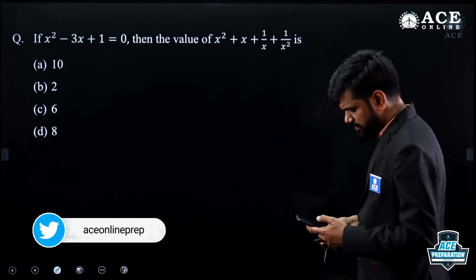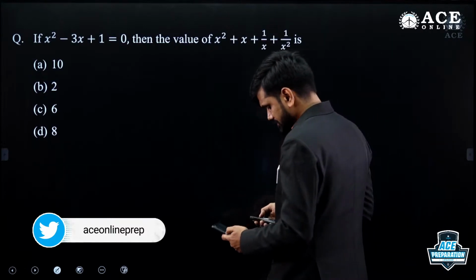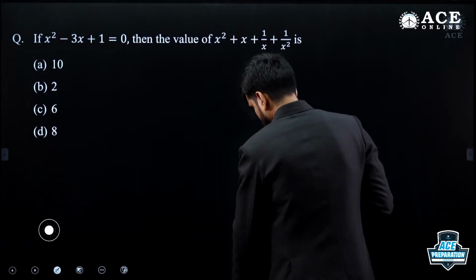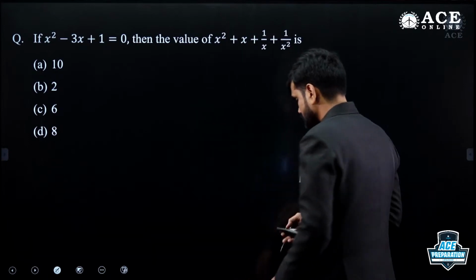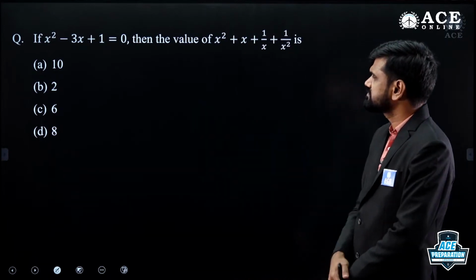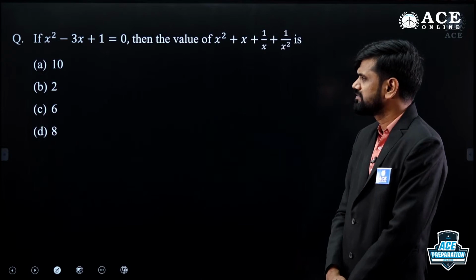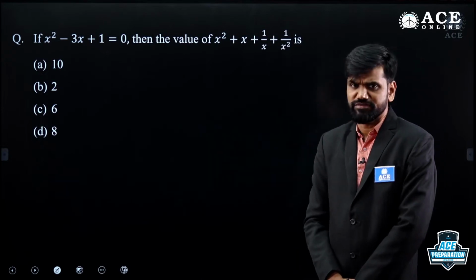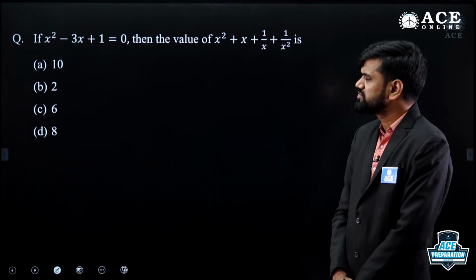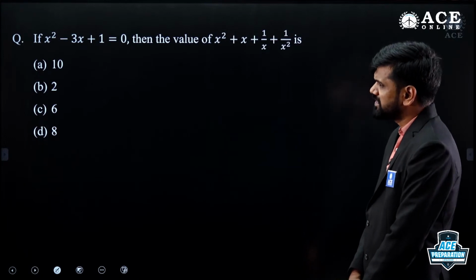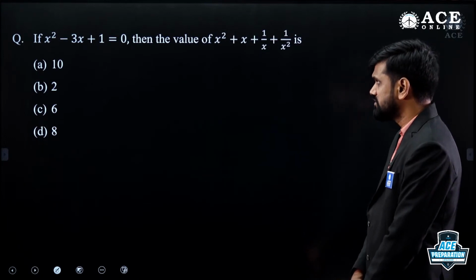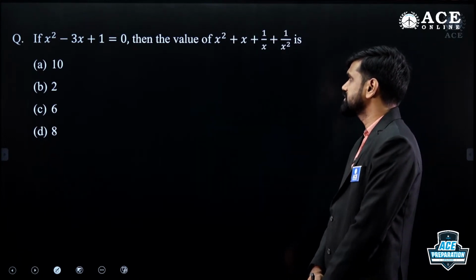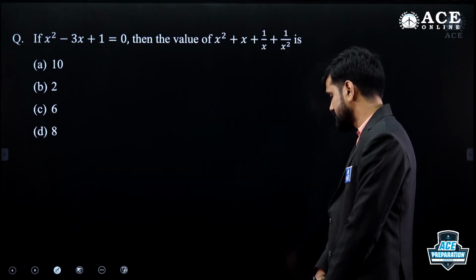Let's go for the last problem for the day. So here, x square minus 3x plus 1 equal to 0, then the value of x square plus x plus 1 by x plus 1 by x square is.